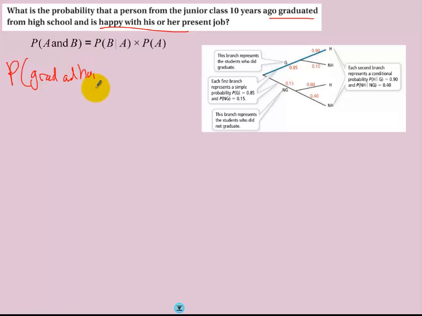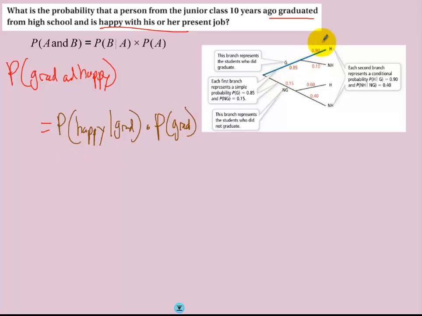and happy is going to follow that formula right there. You're going to take the probability of happy given that you graduated, times the probability that you graduated.